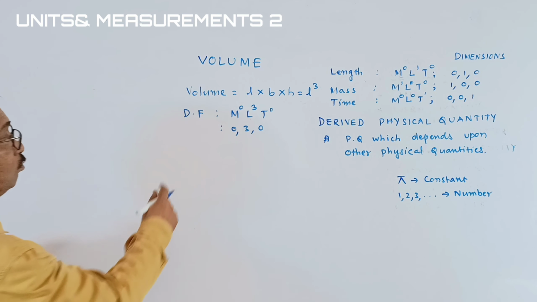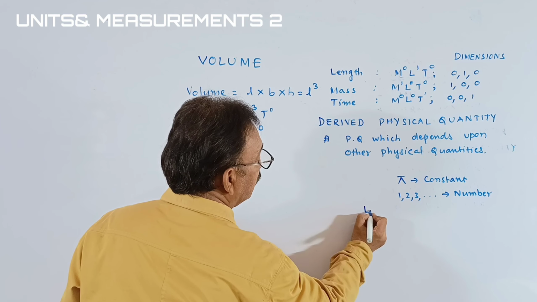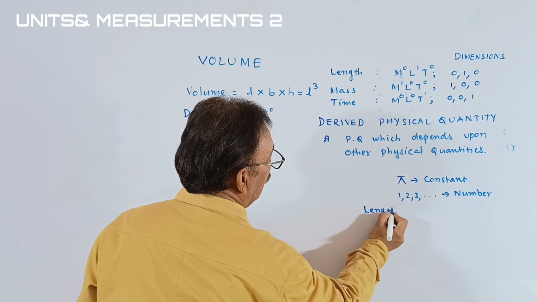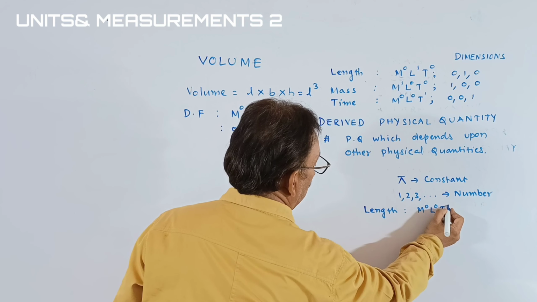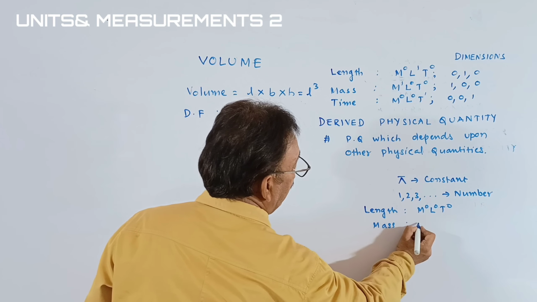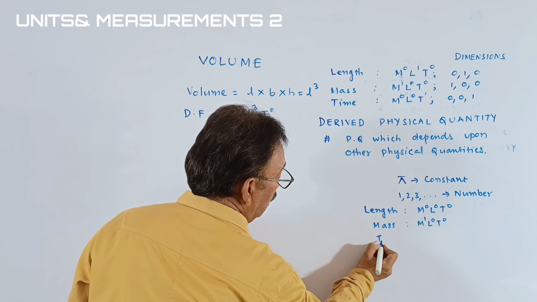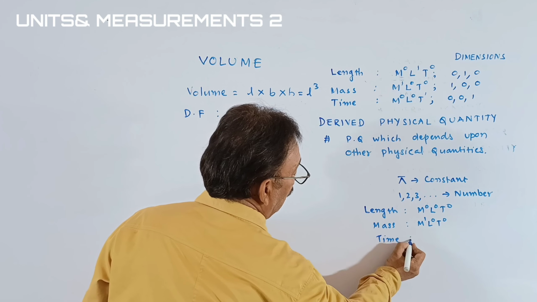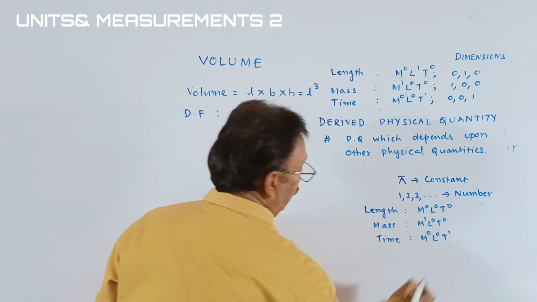Now let's do one more. Already we found the dimensional formula of length. Okay. Length is M0, L1, T0. Mass is M1, L0, T0. Time is M0, L0, T1.